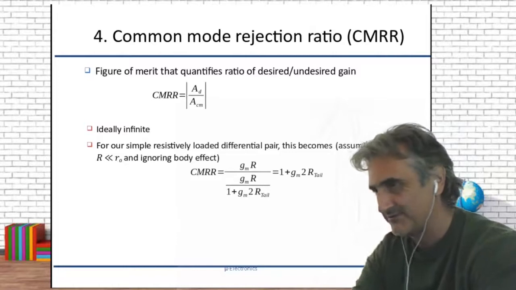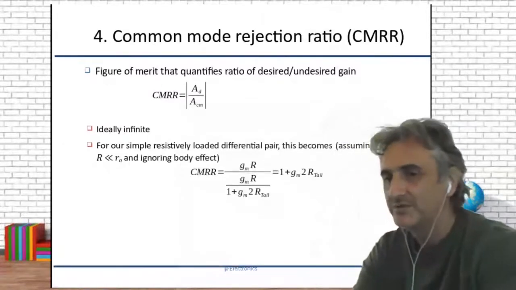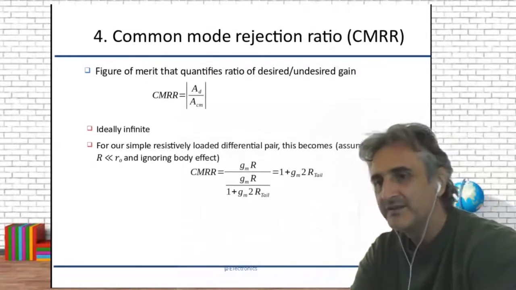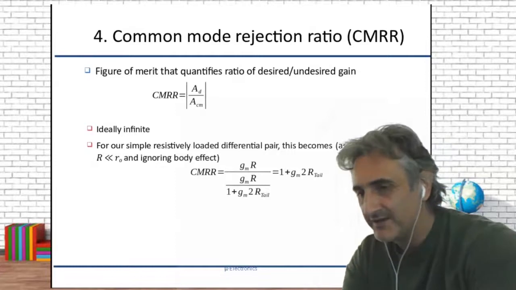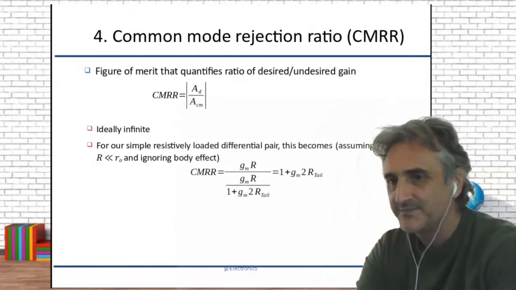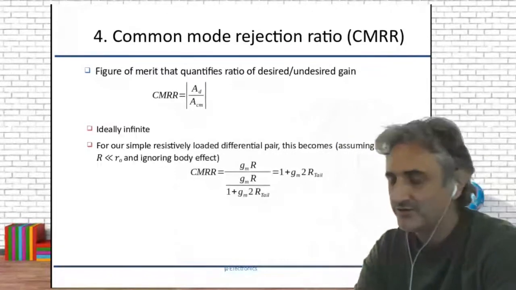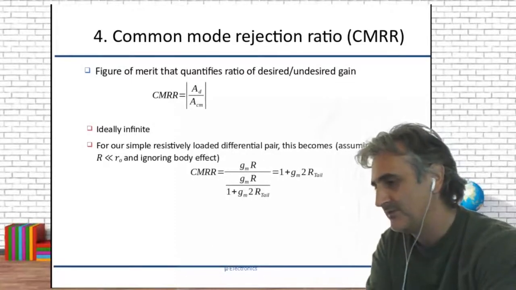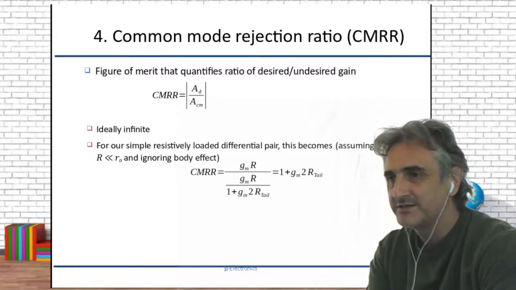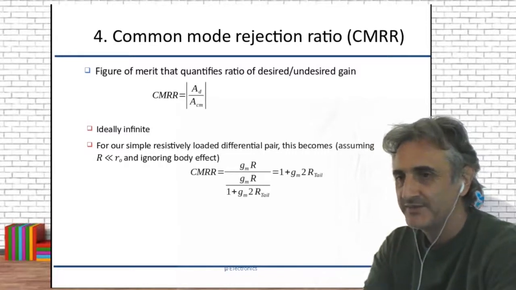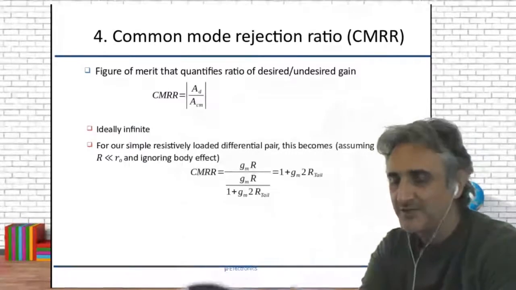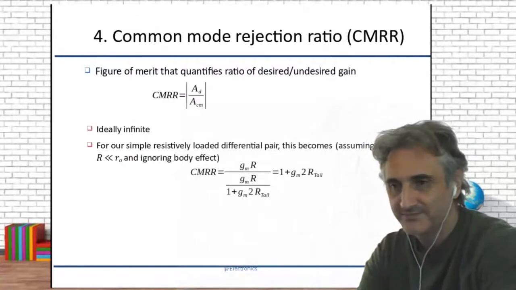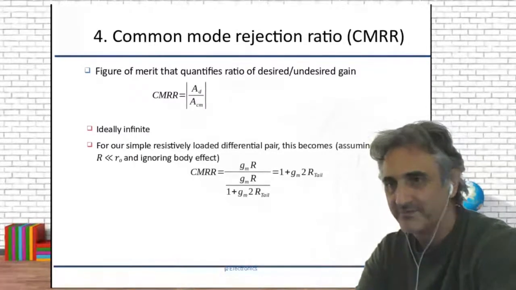It's not infinite. R tail can be equivalent to the output resistance. So gm multiplied by the output resistance can be maybe 100. So this ratio, in this case, can be maybe 200, say, which is good.